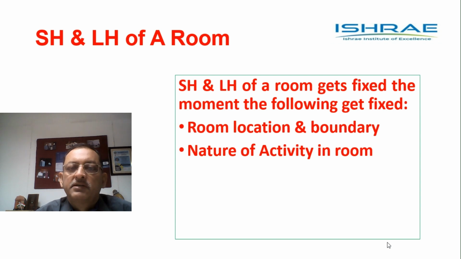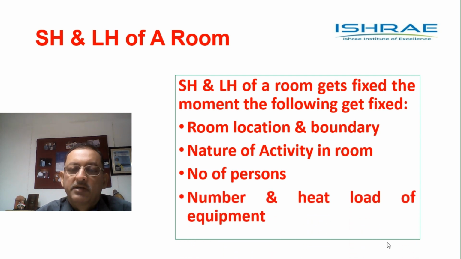Sensible heat and latent heat of a room get fixed the moment the following things get fixed for a room. The moment we decide and fix the room location and the boundary of the room, the nature of activity that is going to take place inside the room, the number of persons who are likely to be there, and the number and heat load of equipment that is going to be kept in that particular compartment.